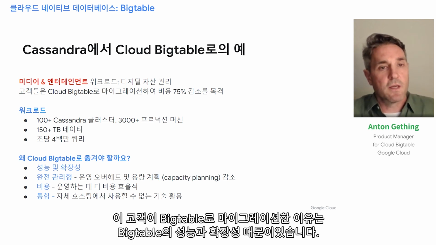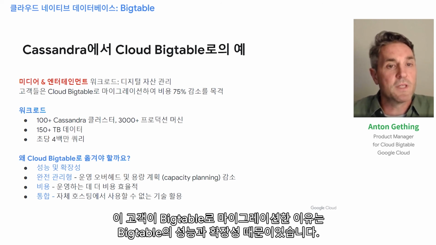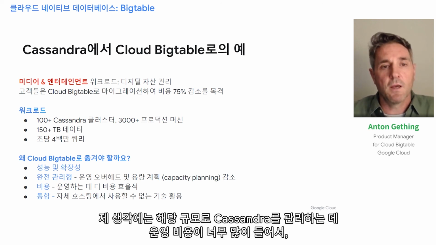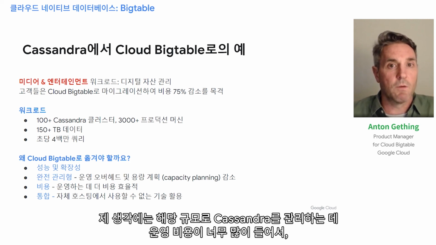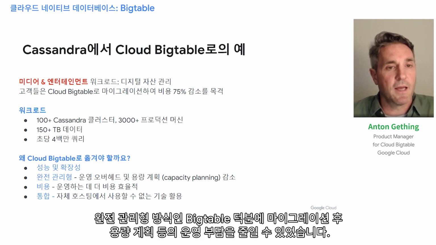And the reason the customer moved over was performance and scalability, as the operational overhead of managing that size Cassandra implementation was very costly for the customer, indicated by the fully managed, reduced operational overhead of capacity planning in their move over to Bigtable.